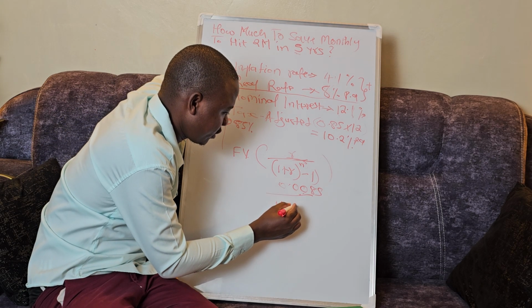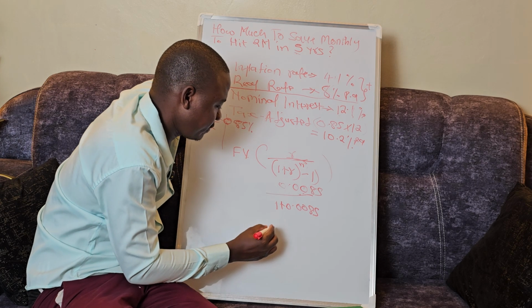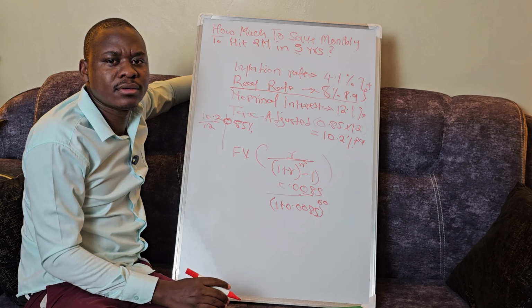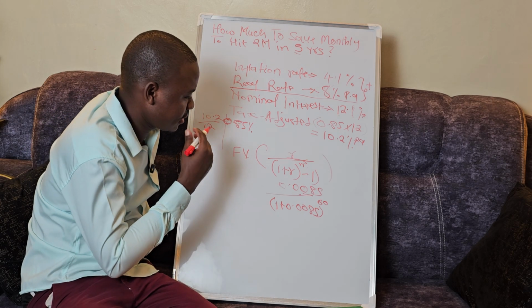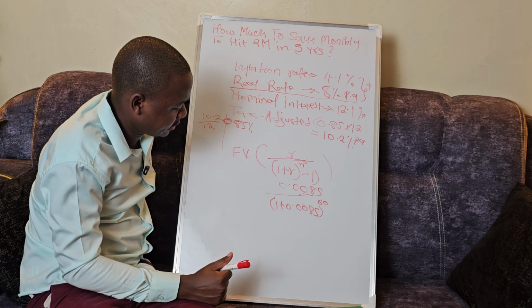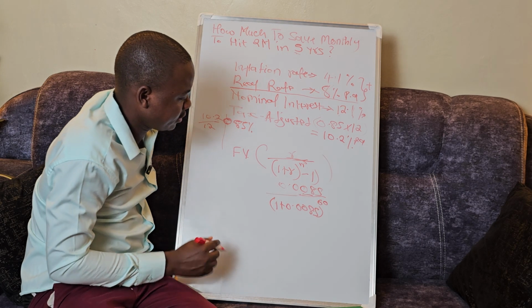Then do it here also, 0.0085, raised to 60.